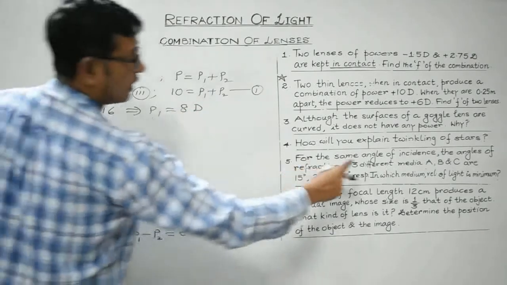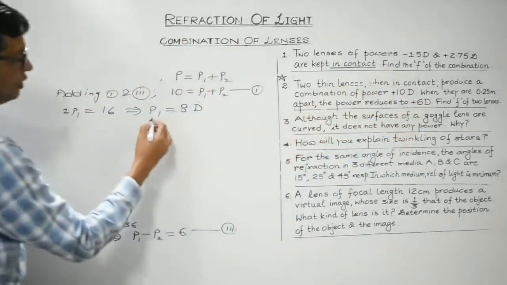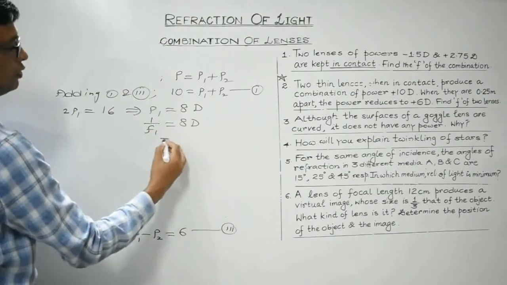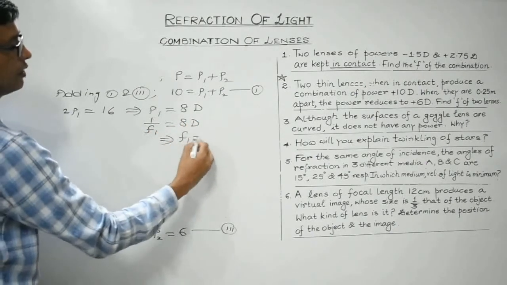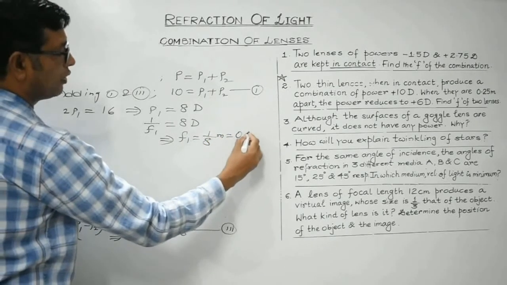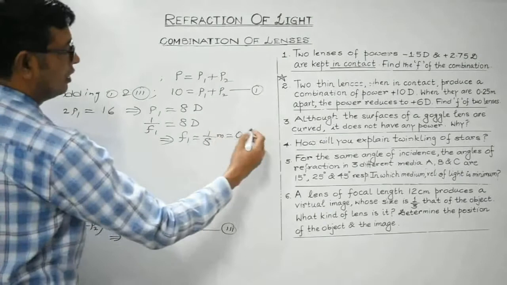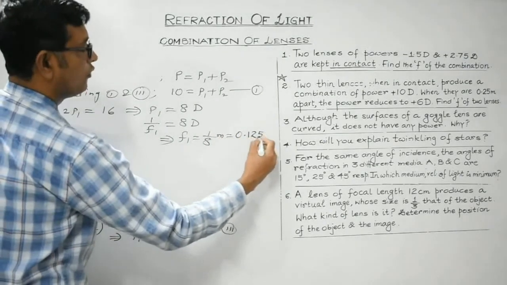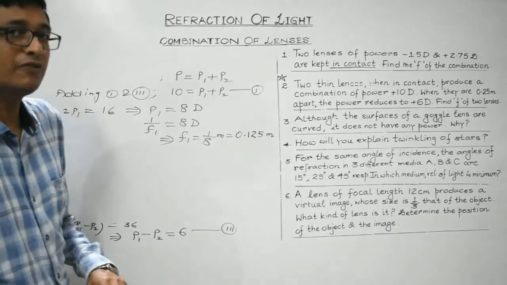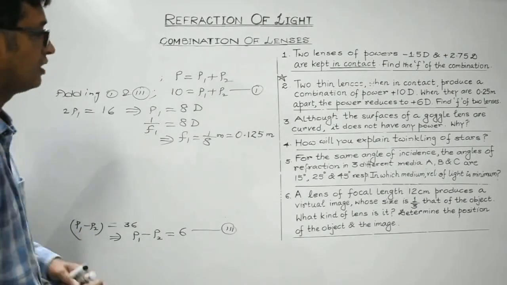Now, we are supposed to find out the focal length. Power is the reciprocal of focal length, so F1 would be equal to 1 by 8 meters, that is 0.125 meters. That will be the focal length of the first lens in SI, in meters.